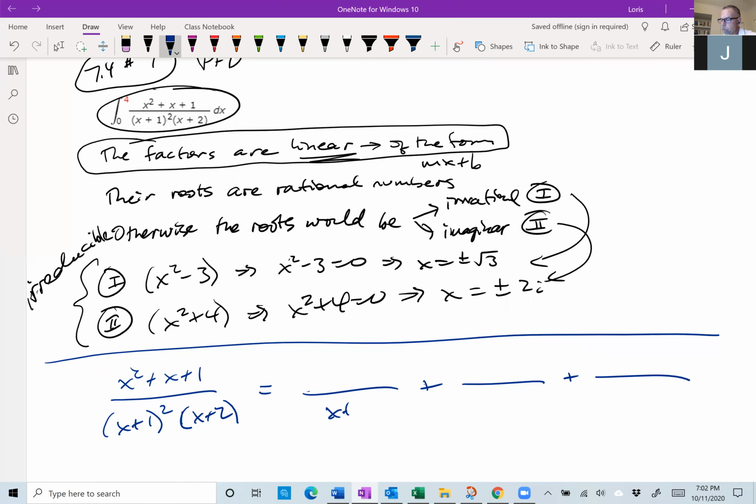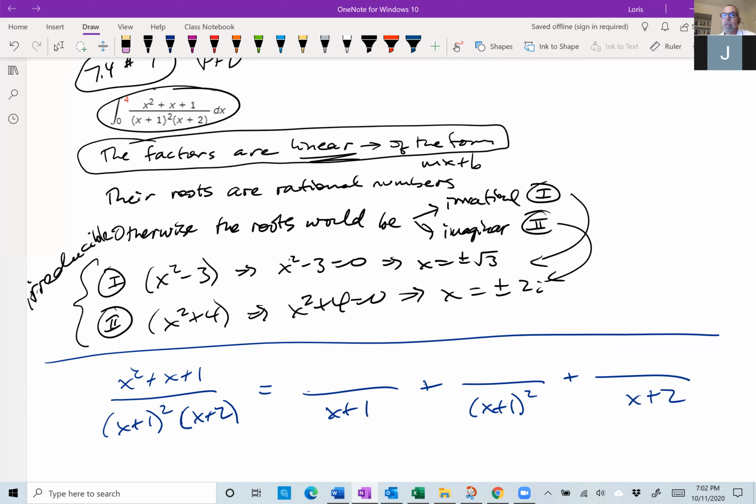If one of your factors repeats, you write x plus 1 to the first, then x plus 1 to the second, then to the third, all the way until you get to the fifth. So x plus 1 to the fifth would have 5 of these fractions.